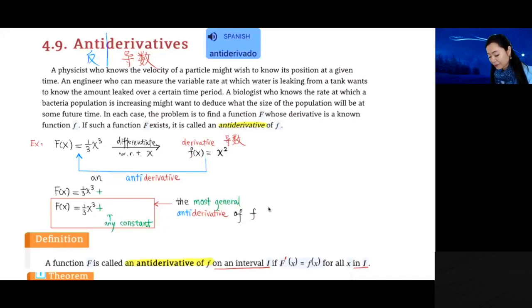Then we'll call this function, this 1/3 x cubed, an antiderivative of this function. This function is the derivative of this function, and this is called an antiderivative of this function. So it goes backward.